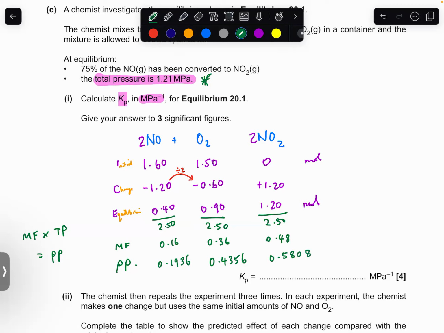We have our partial pressures. And what we do is now plug them into the expression.